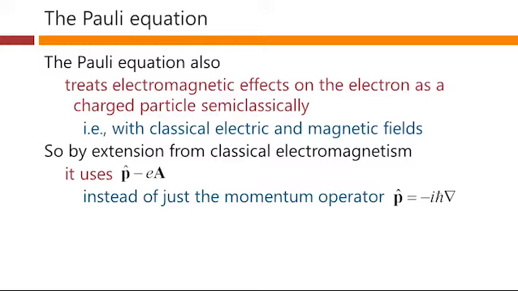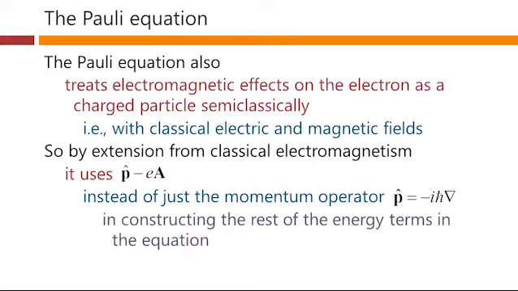Anyway, quantum mechanically now, instead of the momentum operator in our Schrödinger-like equation, or our Pauli equation, we're actually going to use this instead, which, as I said, can be justified by analogy with the classical electromagnetism of charged particles. And we're going to use that to construct the rest of the energy terms in our equation.